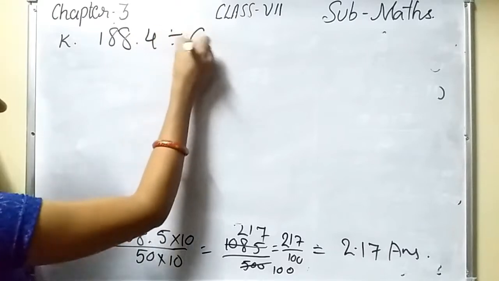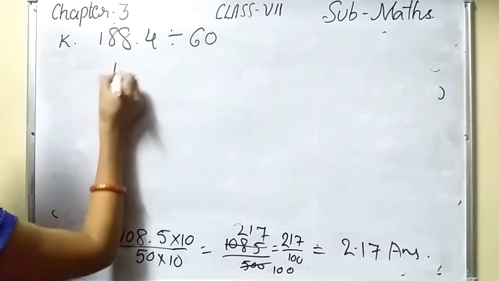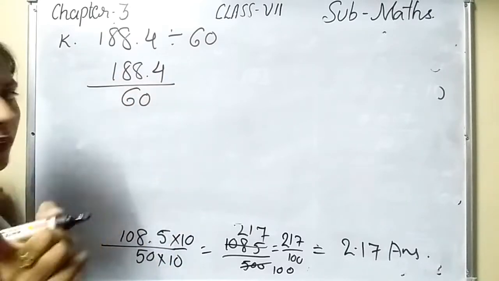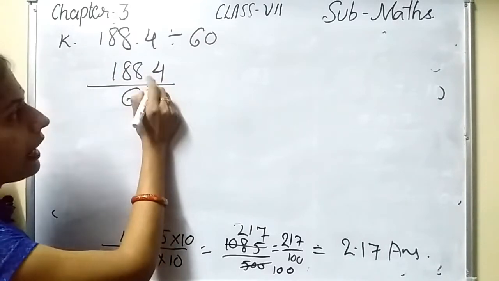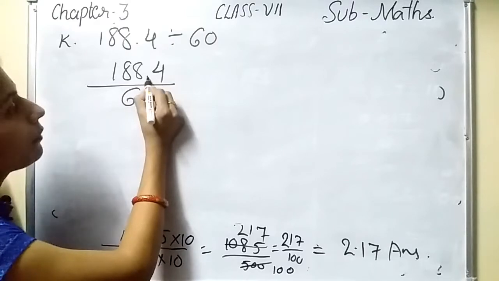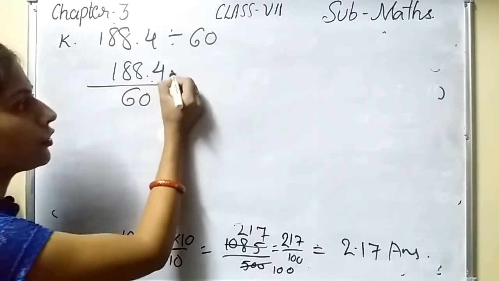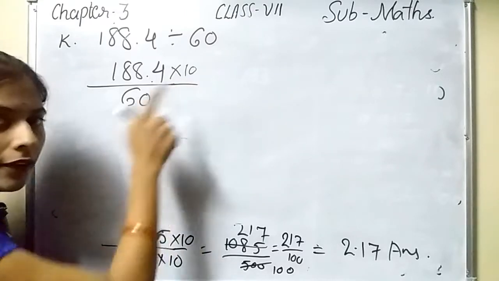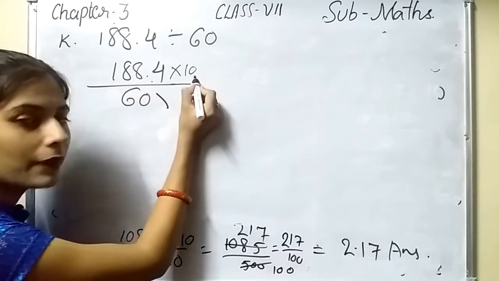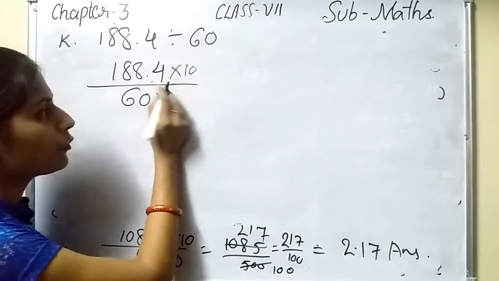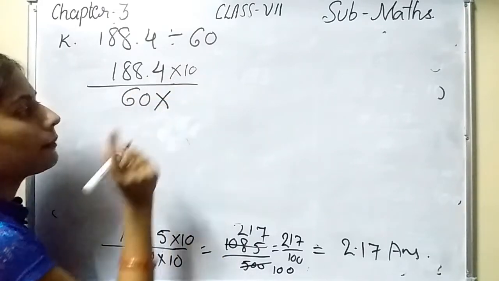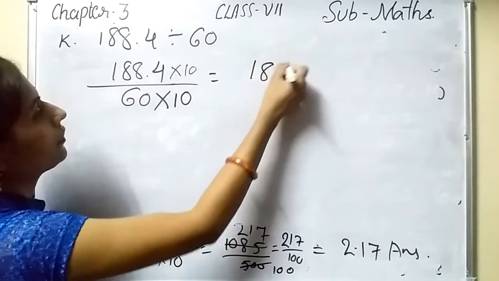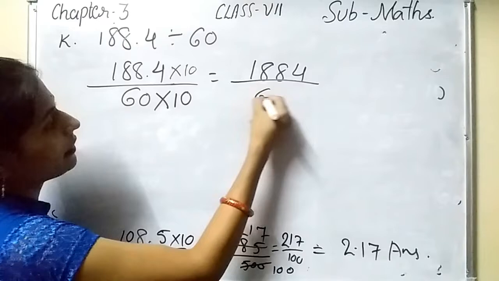Now question number K: 188.4 divided by 60. Here also you have to remove the point. After the point, how many digits are there? Only one, so you have to multiply by 10. If 2 digits are there, you multiply by 100. When you multiply the numerator by 10 to remove the point, multiply the denominator also by 10. So it becomes 1884 upon 600.